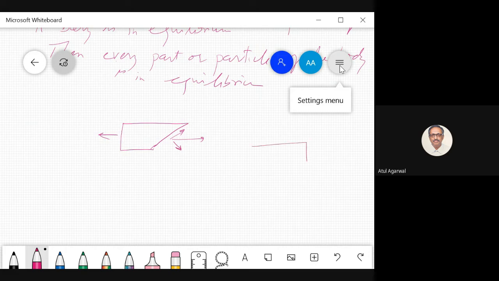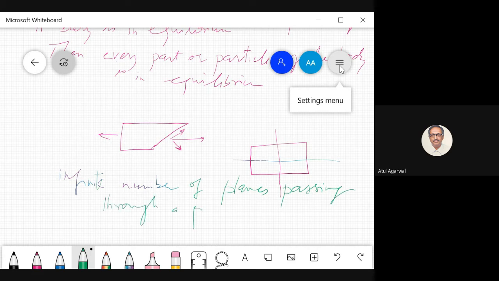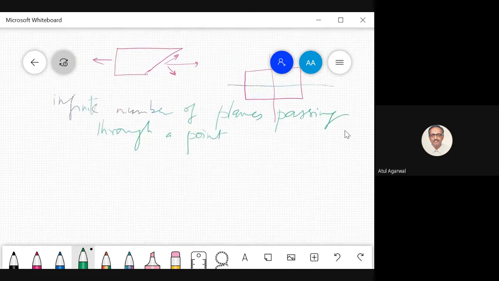I took the body like this. Force component on this plane was different. On this plane was different. So you see, through a point, there are infinite number of planes passing through a point. What is the importance of this statement?